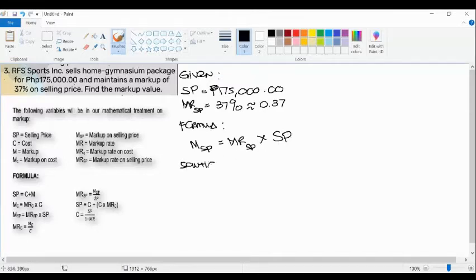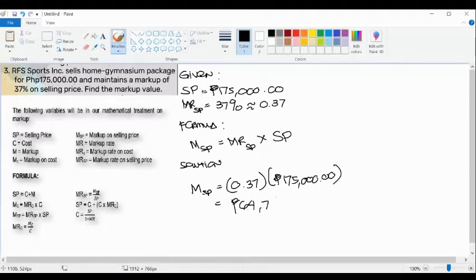So, solution will be 0.37 times 175,000 pesos. So that will give you a product of 64,750 pesos.